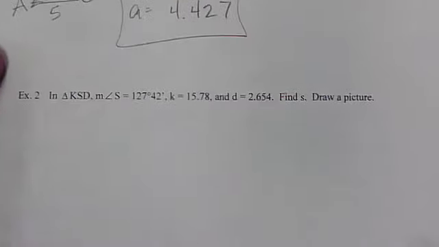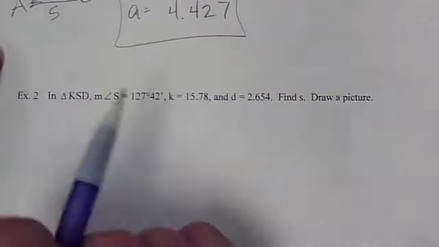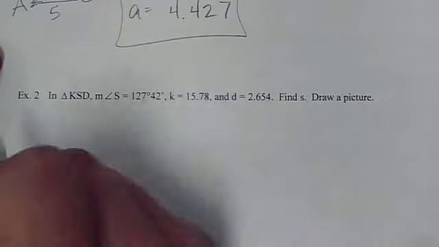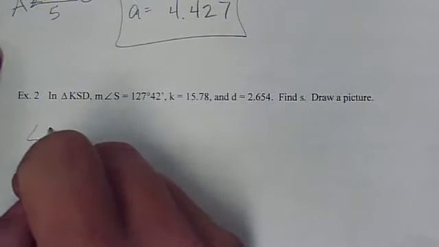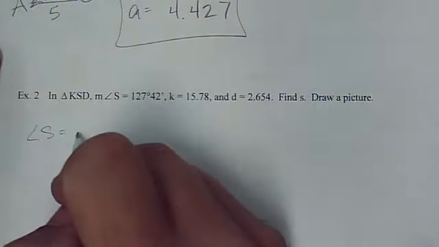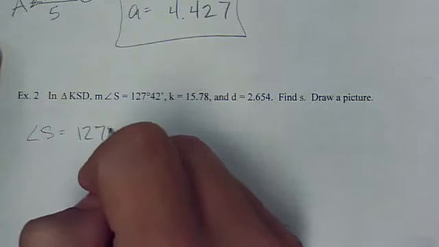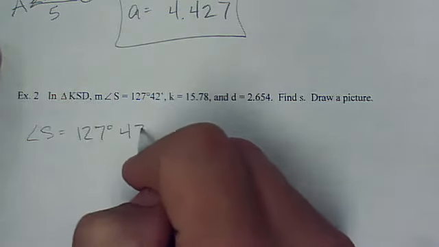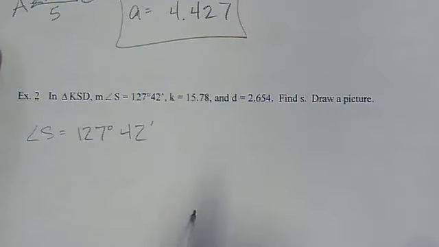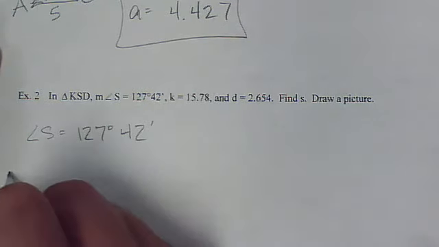Now I'm not going to go through this next one, but I will show you that the angle is 127 degrees and 42 minutes. Okay, now you may be asking, what is a minute?